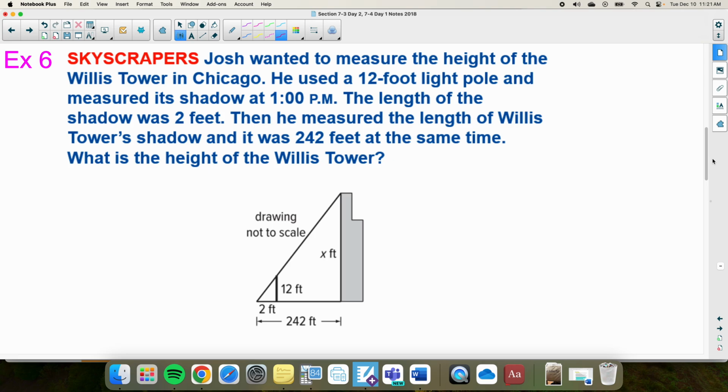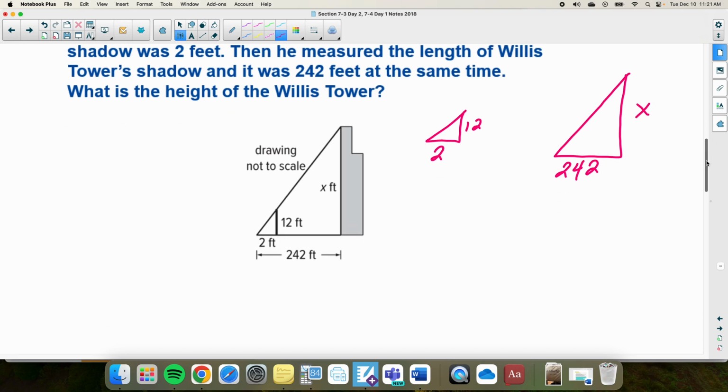You don't have to, but this is 12, this is 2, and then Willis Tower is X and 242. So you would set up a proportion again, and again the heights correspond as well as the shadow lengths correspond.